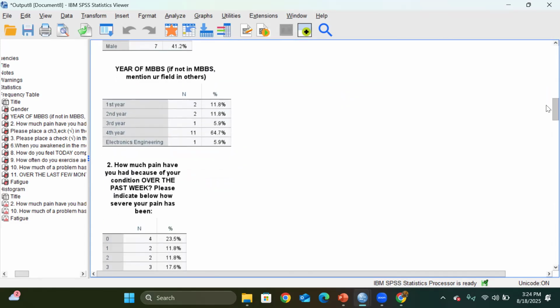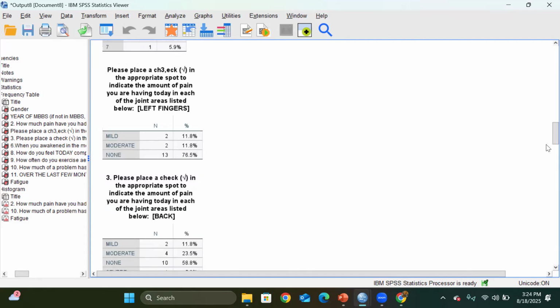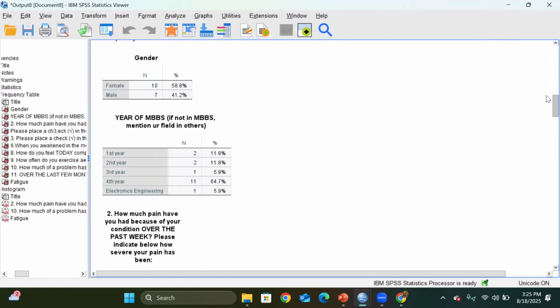And how about the medical students? 11.8% were in first year, 11.8% for this, and so on. How many people had pain in their joints in the last week? 11.8% had mild pain and 76.5% had no pain. So I'll be describing my data through these descriptive values.